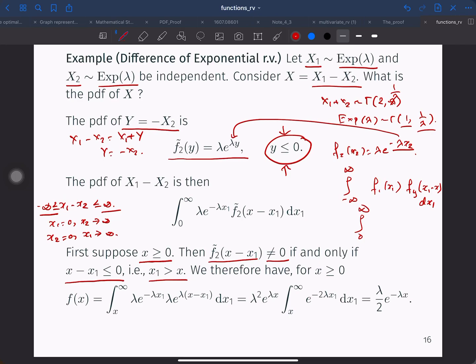So if x is bigger than 0, I integrate from x to infinity the product of the marginal PDF for x1 and the marginal PDF for y. This integration is quite simple. You can check. The answer is lambda over 2 e to the minus lambda x.